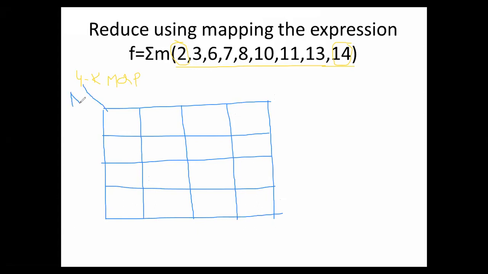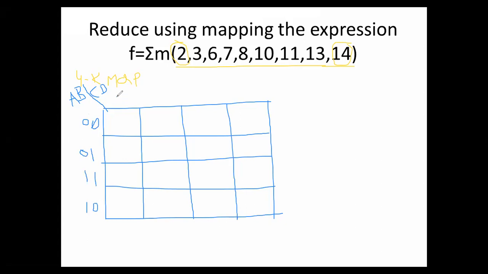In this side, we are taking the variables AB. Here we are taking the variables CD. For AB, the combinations are taken as 0 0, 0 1, 1 1, 1 0.